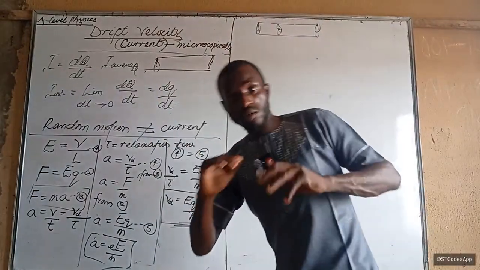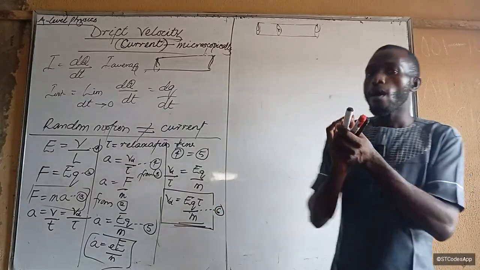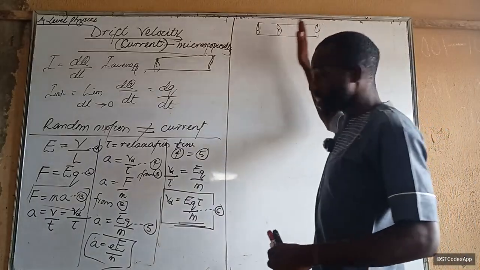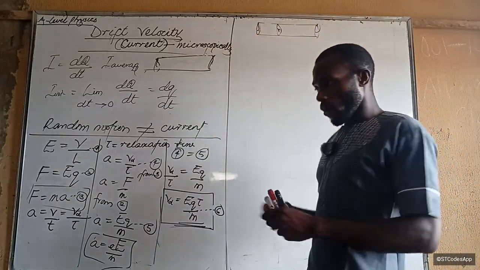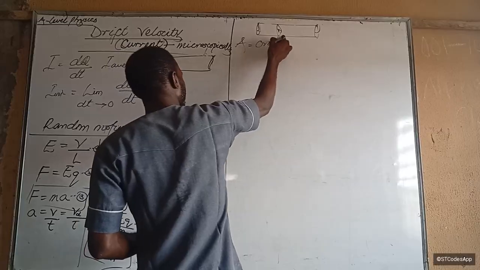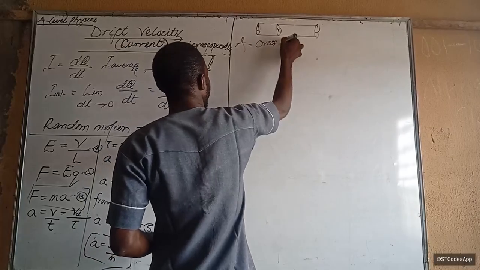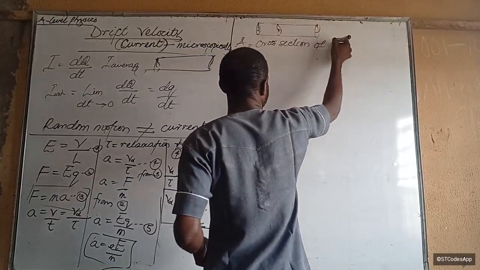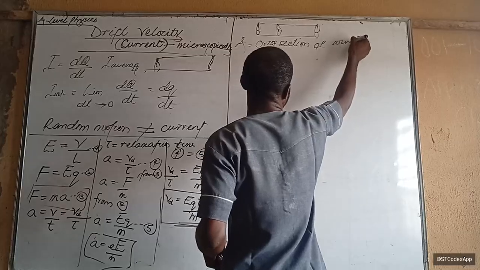The electrons are actually packed in volume, but we can simplify this based on area. So this A here is going to be the cross section of the wire.